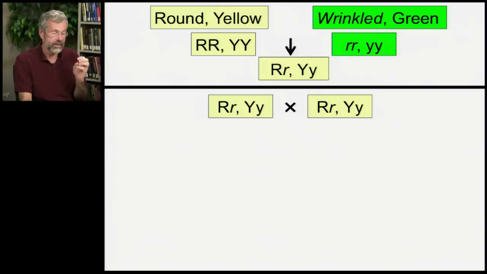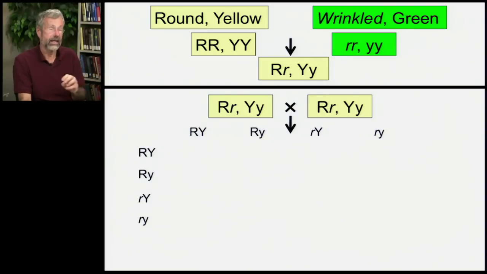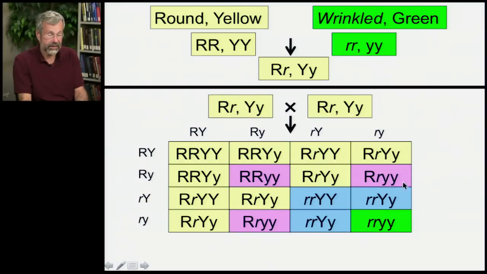Okay? So we take two of these double heterozygotes, cross them, and we get four possible combinations of the gametes of one parent, four possible combinations in the other parent, and then we get 16 combinations in the offspring, in the zygotes produced by these gametes.